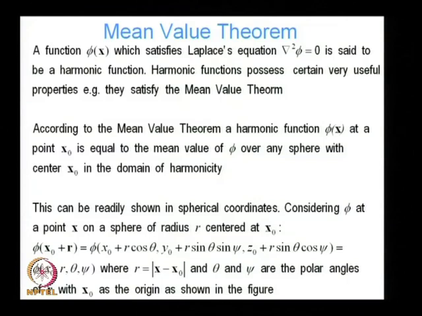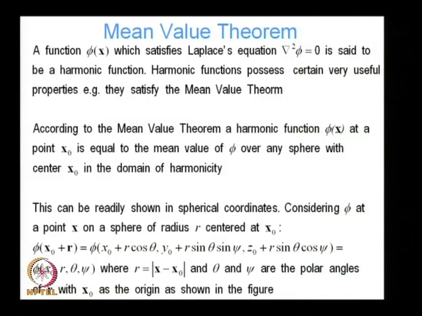You take the value of that function on that sphere, and you take the integral of that value over that sphere, and then you take the average. So, you integrate it and divide it by the area of the sphere, and whatever value you get is going to be the value of the function at the center of the sphere. So, the value at any point x0 is equal to the mean value of phi over any sphere with center x0 in the domain of harmonicity.